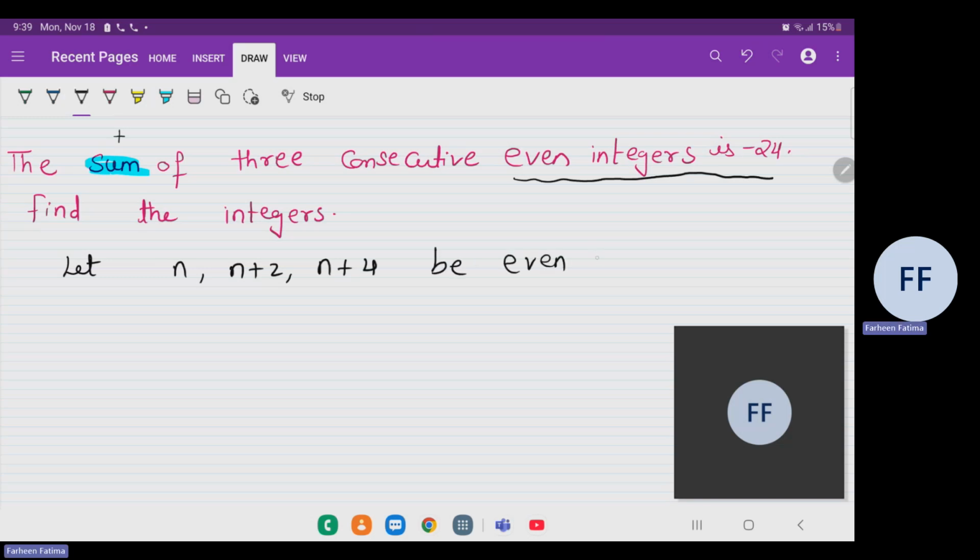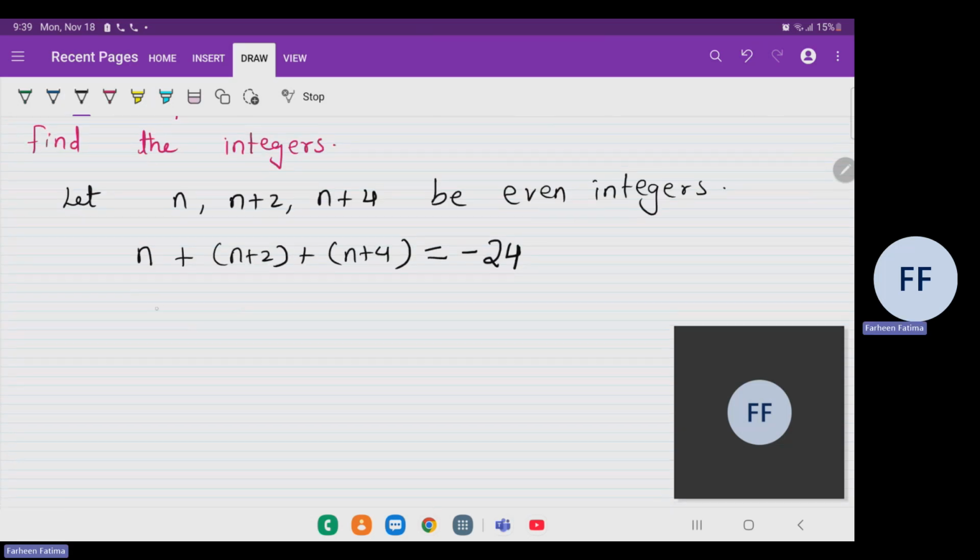Now it is given sum, so you have to add them. n plus n plus 2 plus n plus 4 will be equal to minus 24.